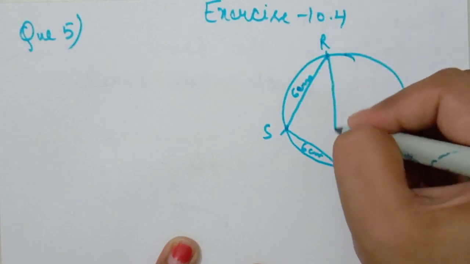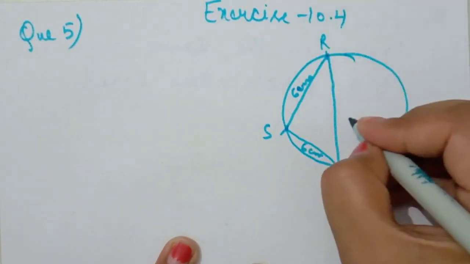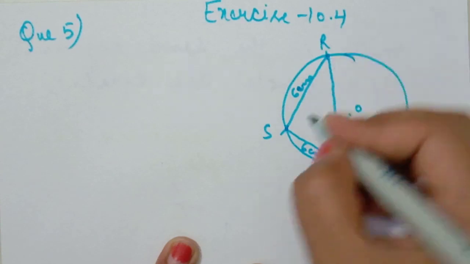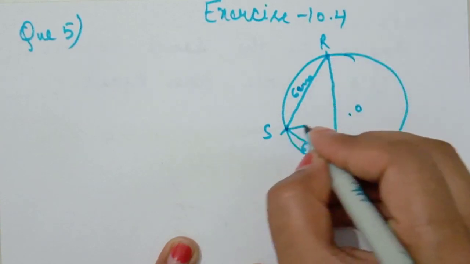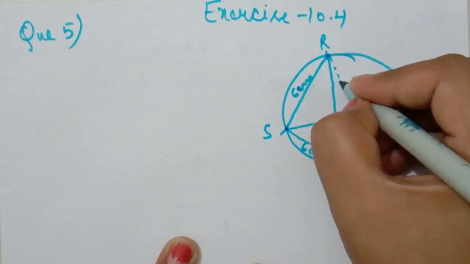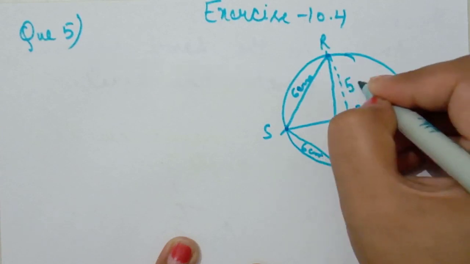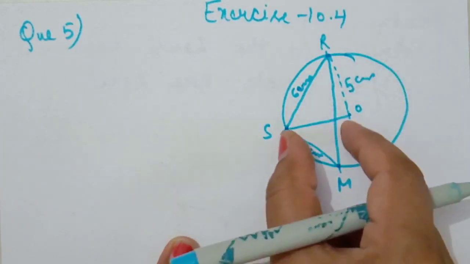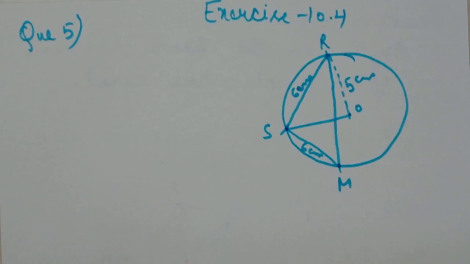We have to find this RM, and this is the center O. So we will join, this is our radius 5 centimeter and this is also our radius 5 centimeter. Now we are going to find RM.